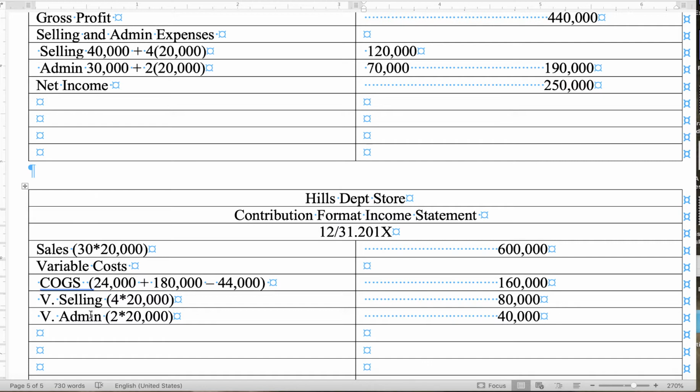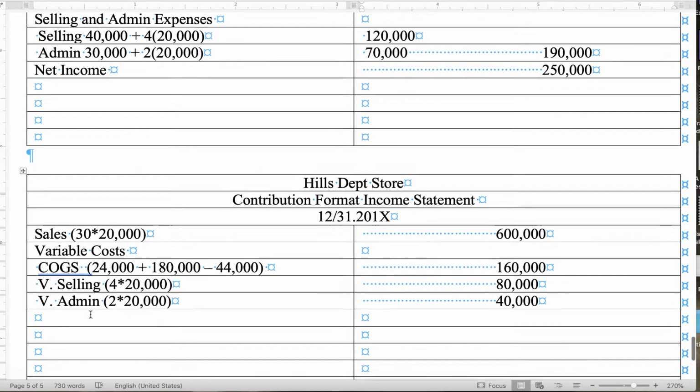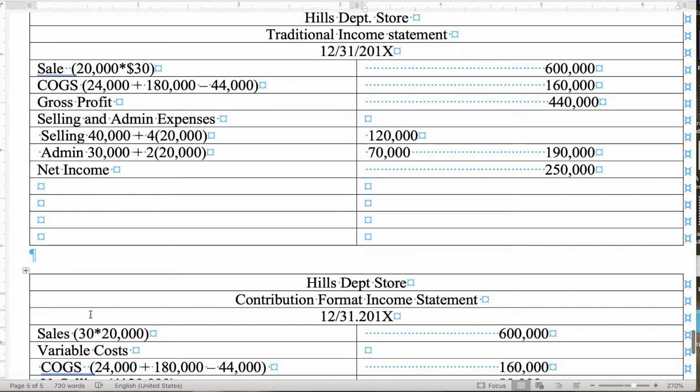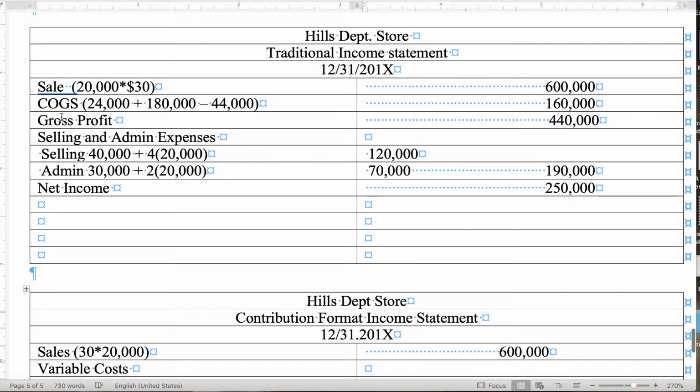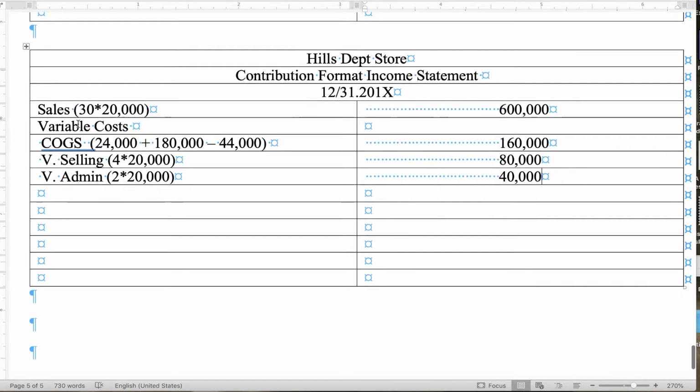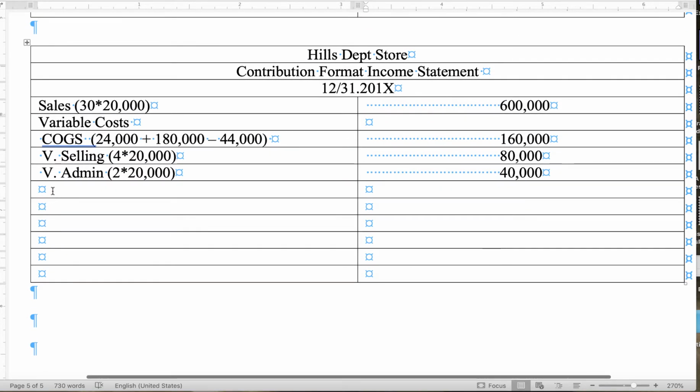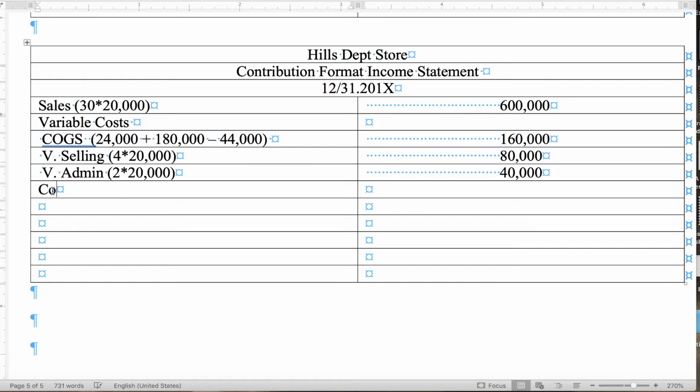Okay. So, if we look back at the traditional income statement, we had something called gross profit, right? We know what gross profit is, sales less cost of goods sold. Under the contribution formatted income statement, we do not have gross profit. We have what we call the contribution margin, and we abbreviate that as CM.